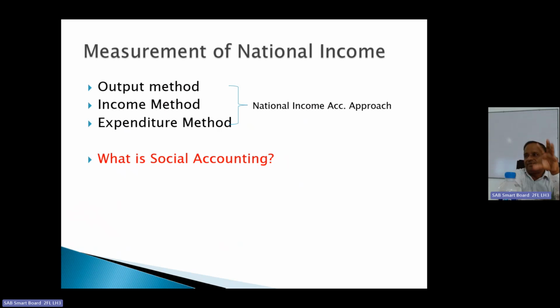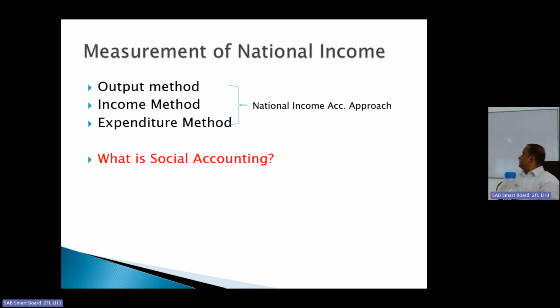If we calculate consumption expenditure, investment expenditure, government expenditure, and expenditure on exports, those are the final monetary value of the expenditure we made on goods and services. That will count the national income, that is the GDP according to market price. So those are the three methods.